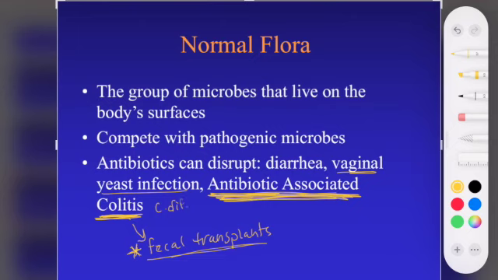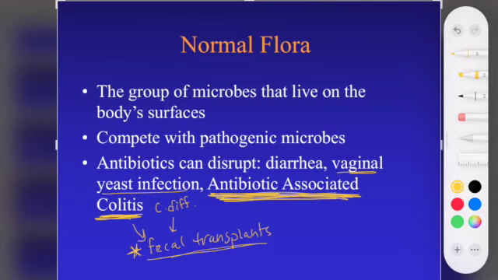Clostridium difficile. If any of you work in healthcare, and I know that a lot of you do, you are probably well aware of Clostridium difficile and the havoc that it can wreak on the hospital environment and how contagious it is. But people can get severe colitis from it, and I don't know how widespread this whole fecal transplant is. It's relatively new in the past 10 years, but that is the concept.